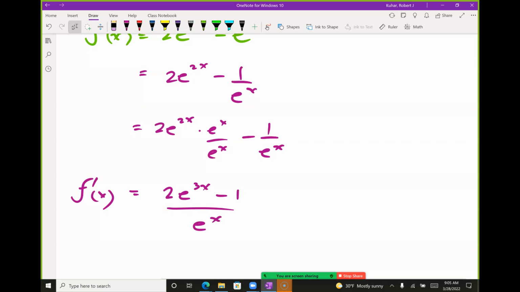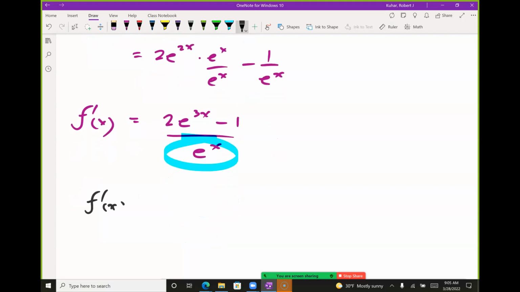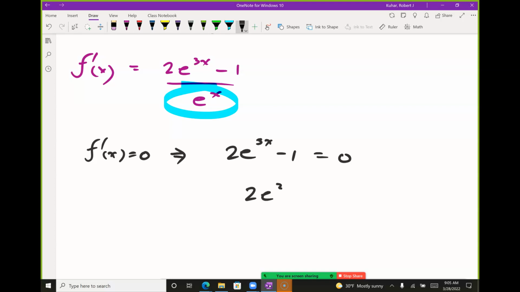It looks like I'm not going to get a critical value from downstairs, right? e to the x can never be 0. But upstairs I should get a critical value. So f prime of x equals 0 implies 2e to the 3x minus 1 equals 0. So 2e to the 3x equals 1, or e to the 3x equals 1/2.